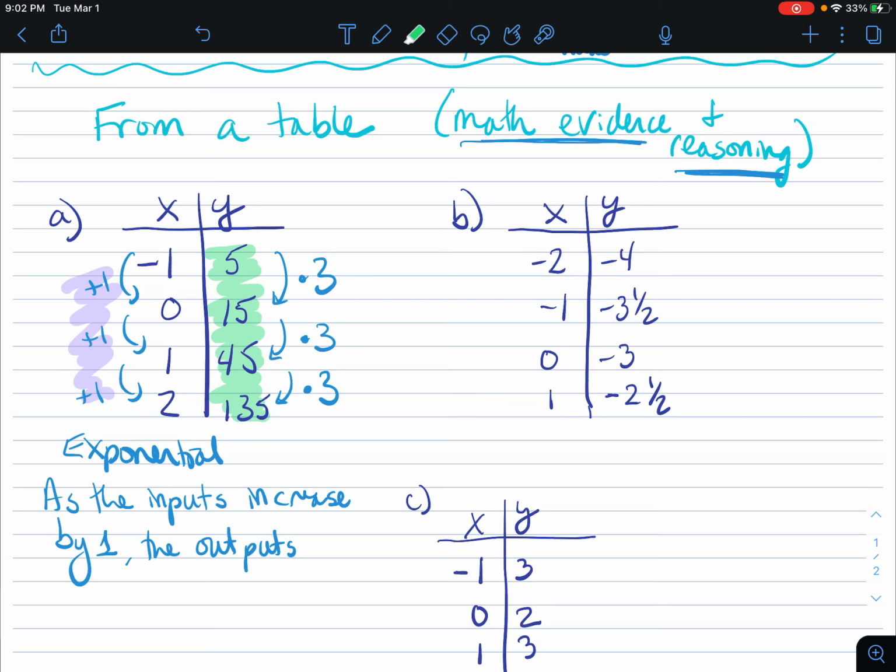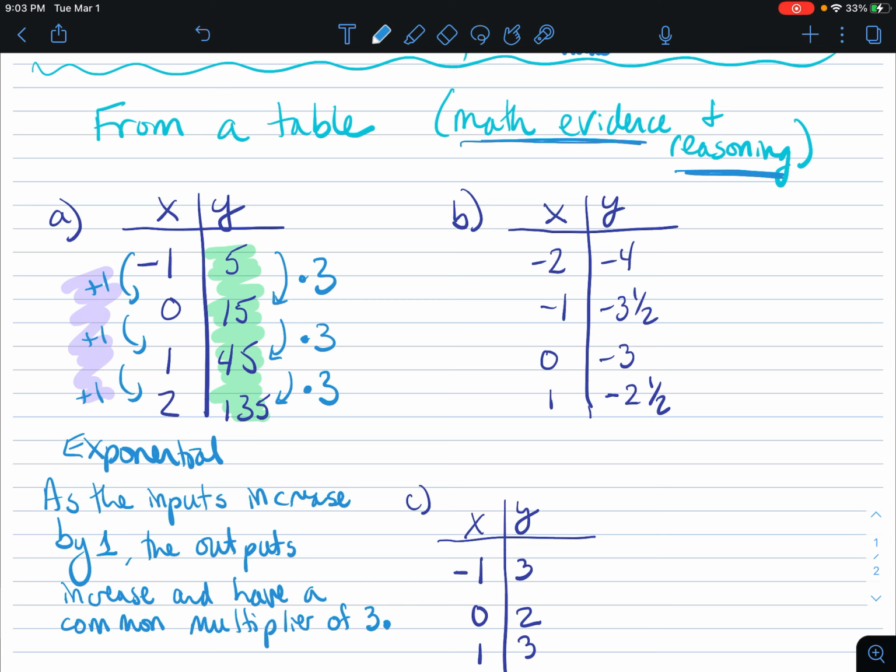They're increasing, they're getting bigger and bigger. The outputs increase and have a common multiplier of 3. That's the reasoning I'd be looking for on a problem like this. You're showing math evidence with your table, and then you're going to explain what's going on with that table.